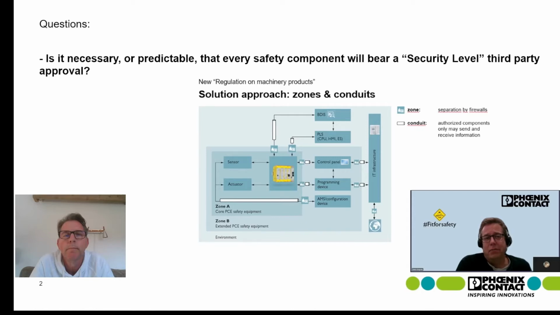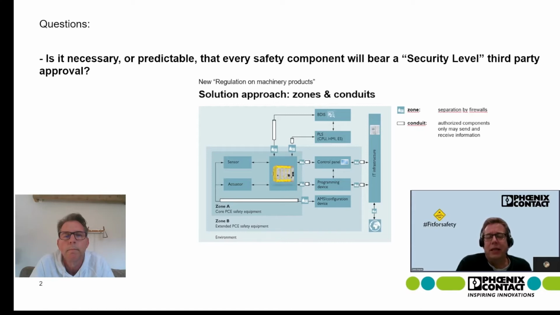So that means probably there will be a demand on the market that each safety component will bear at least the minimum security level 1. I believe so, which ensures at least basic requirements as it is stated in the IEC 62443.